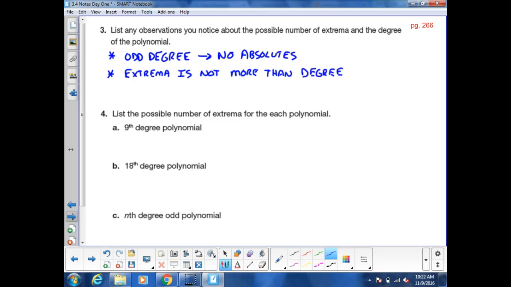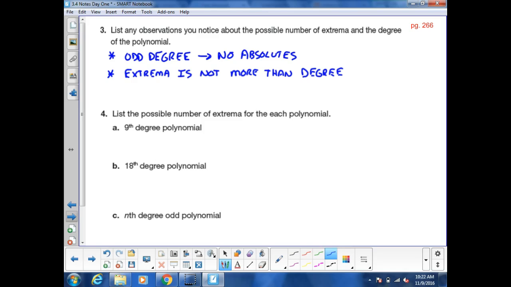Jacob, what do you got? Seems like when the degree is odd, the number of extrema are even. The possibilities. Okay. So let's go off of that one. How can I make an odd number become even? Subtract 1, right?